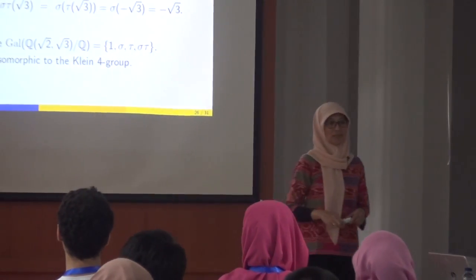So we conclude that sigma squared is the identity, and also tau squared is the identity, because each brings square root 2 and square root 3 to themselves. We also have the composition of sigma and tau, as you can see in this computation. Then we conclude that this group contains the identity, tau, sigma, and the composition sigma tau, and it is isomorphic to the Klein 4 group.